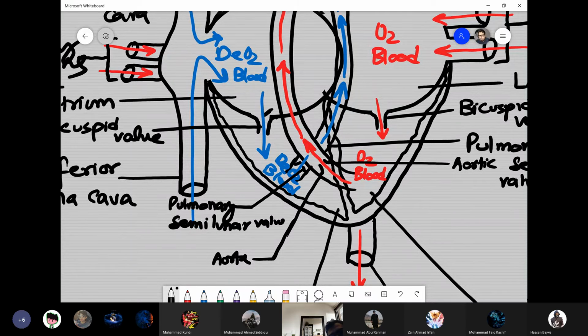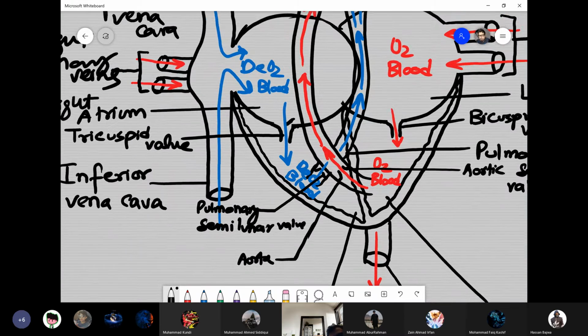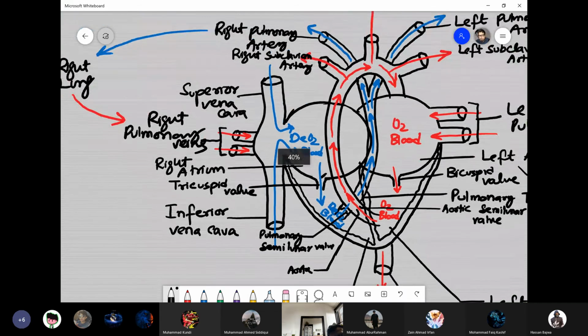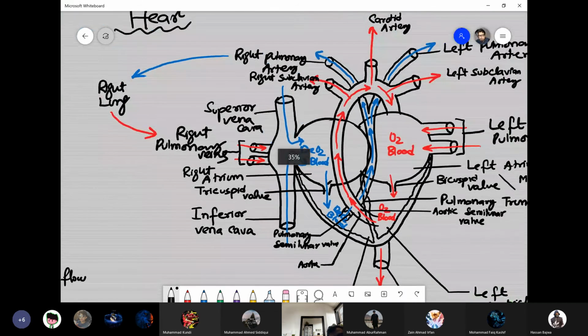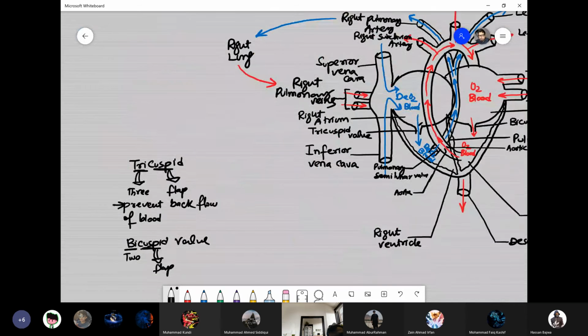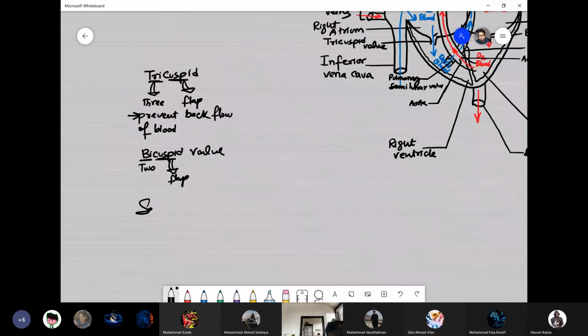Now, boys, again, what is this semilunar valve? Let me write over here. Semilunar valve. The word semi means what? Half. The word lunar means what? Moon.